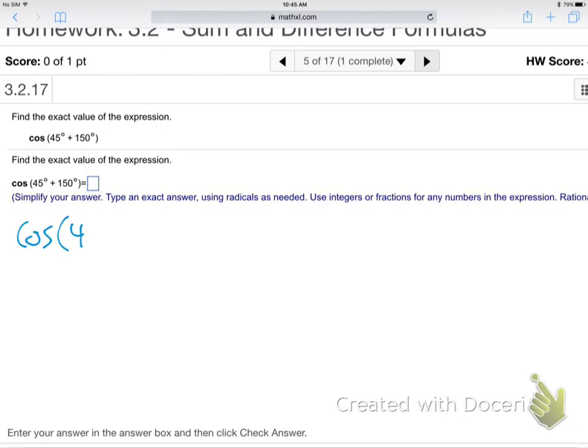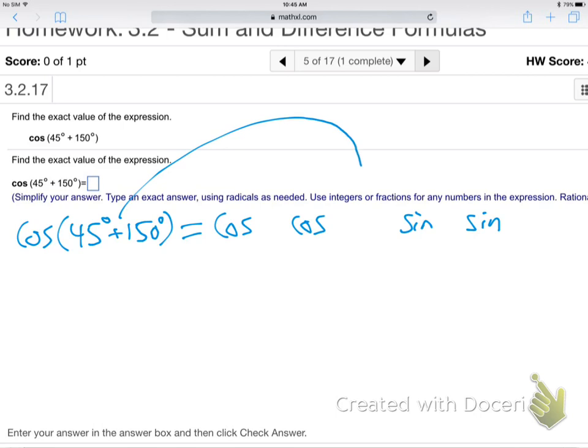Cosine of 45 plus 150. What do we do with cosine of 45 plus 150? Yeah, so break it into the cosine formula. Cosine, cosine, sine, sine. Right? Plus in the beginning leads to minus in the formula.